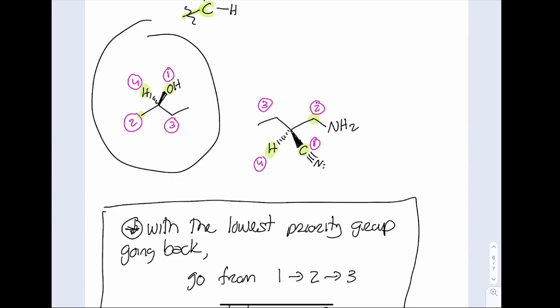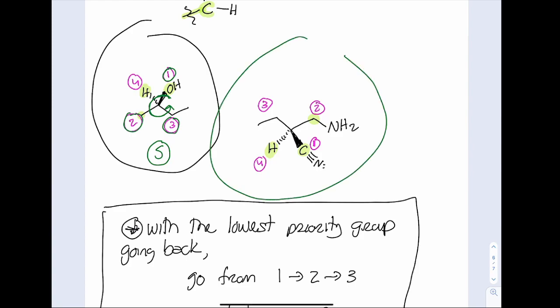And I'm just literally then, 1 is here, 2 is here, and 3 is here. So I'm going to start with 1, and then go to 2, and then go to 3. So the direction that I'm drawing this arrow when I do that is counterclockwise. So that's going to make this S. If we do this one next, again, my lowest priority group is already going back, so I don't have to worry about it. 1 is here, 2 is here, and 3 is here.